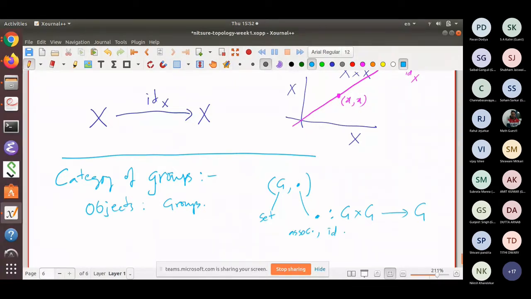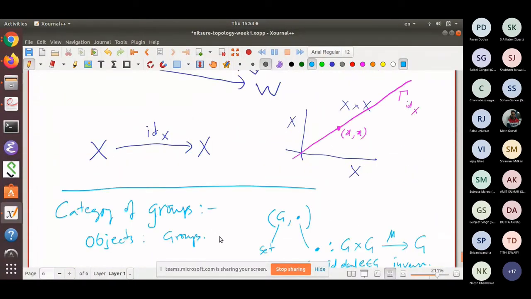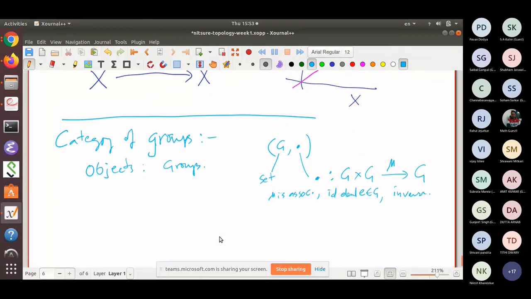So this is mu. Mu is associative, identity element E, and inverse. So everybody knows what these objects are. So these are the objects of the category of groups.